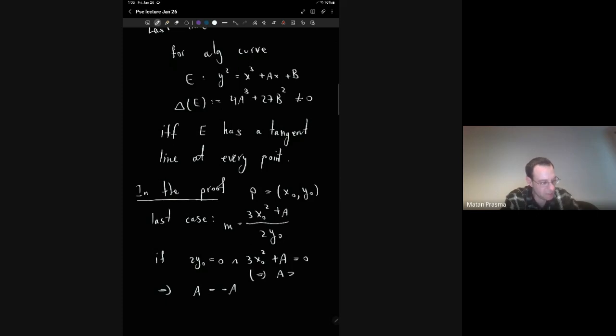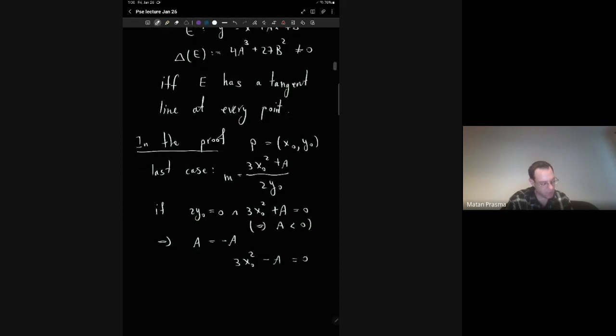So in this case, necessarily a is negative, so I replace it by a positive, which means the condition is now 3x0 squared minus a equal to 0, which is equivalent to saying that 3x0 squared is equal to a.